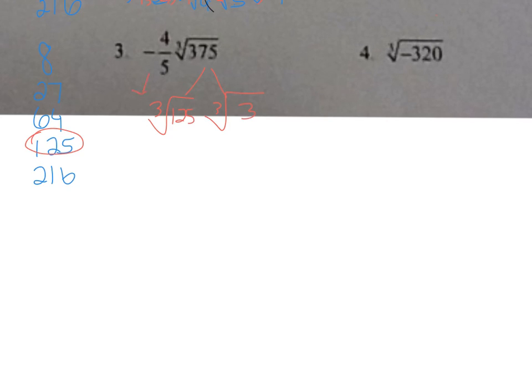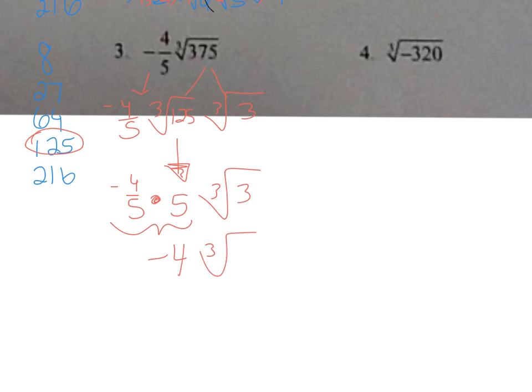Bring down the negative 4/5. In the end, we'll just multiply by 4/5. The cube root of 125 is 5. Bring down the cube root of 3. Now I will multiply negative 4/5 times 5, which is just negative 4. The cube root of 3. And that's my final answer.